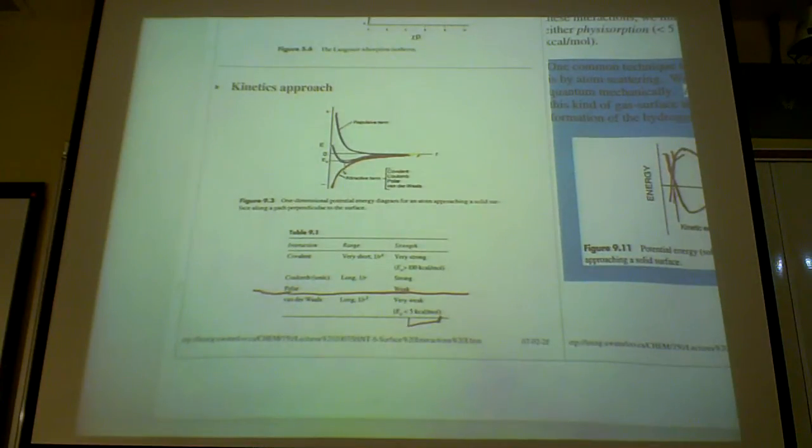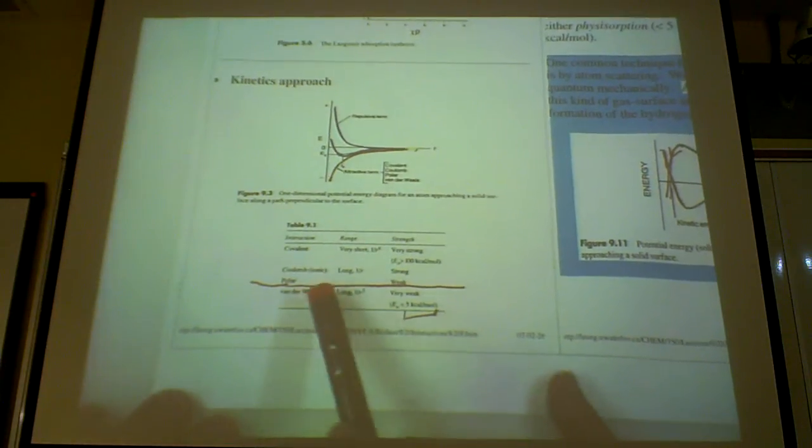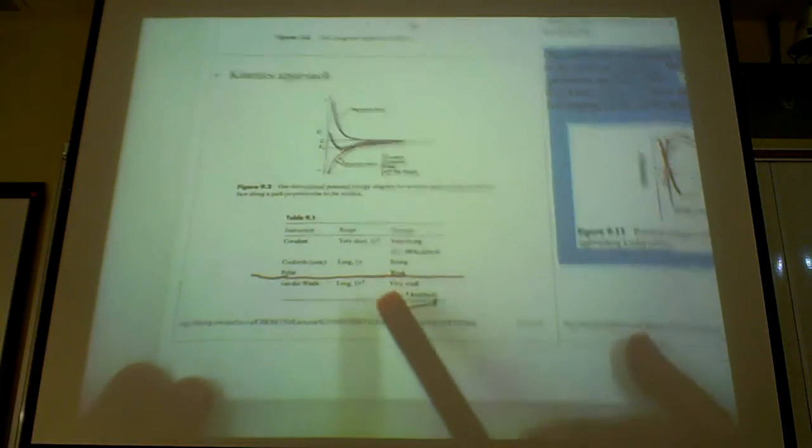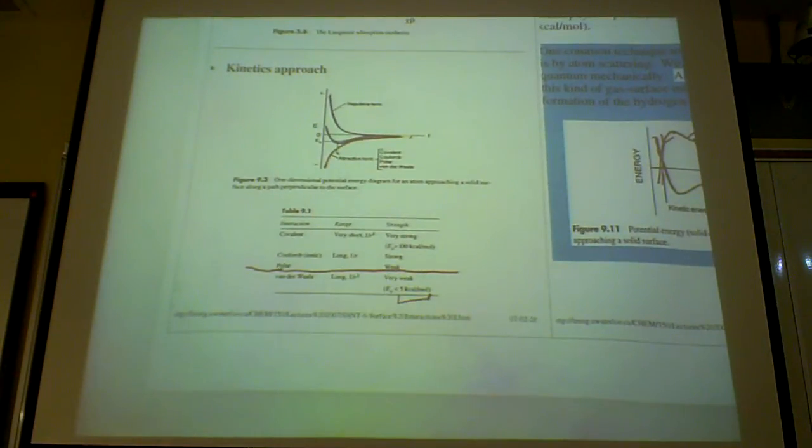And lastly, of course, the force which is usually active in the case of physical absorption, which occurs at very long range and goes as 1 over R to the cube, is the van der Waals potential, which all materials have.